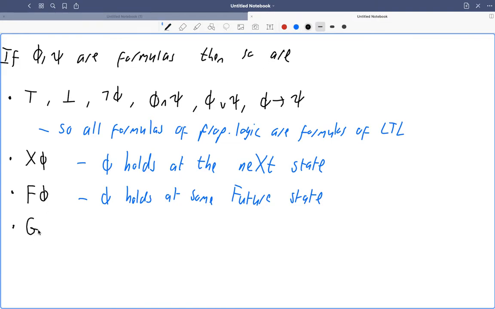And then we have G phi, which we saw in both the safety and the liveness property. This says phi holds globally, G for globally, at all future states.